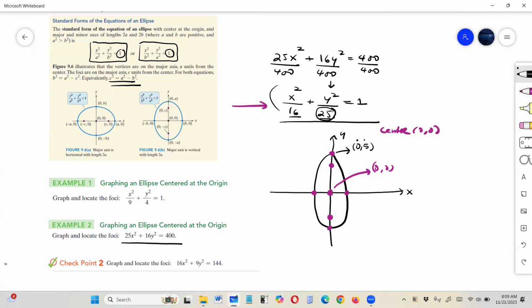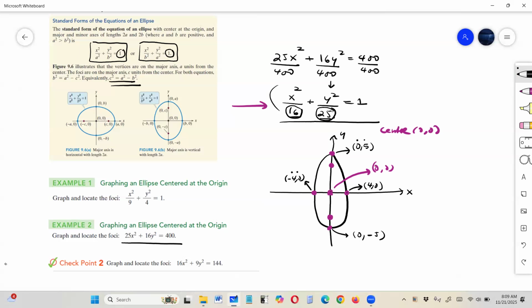X, Y coordinate. The location here would be 0, negative 5. Now, how about here and there? The location at those 2 points is the square root of 16. So the positive one is 4, comma 0. This one is negative 4, comma 0. X, Y coordinate, right?